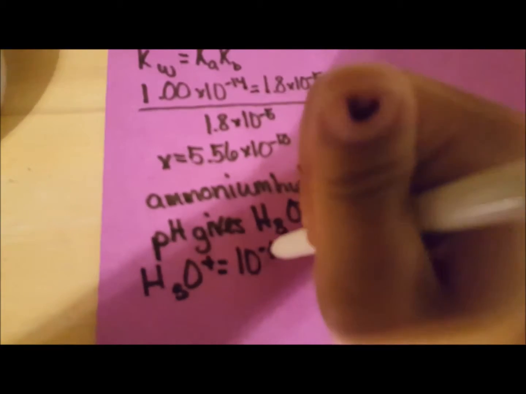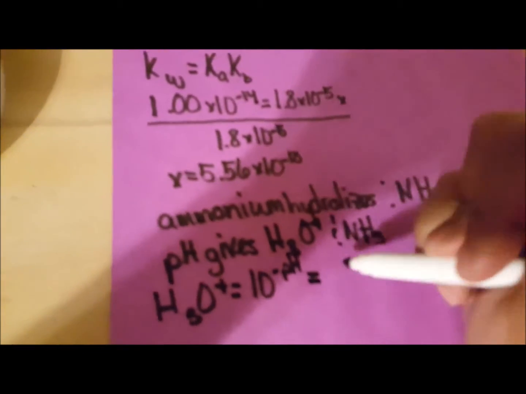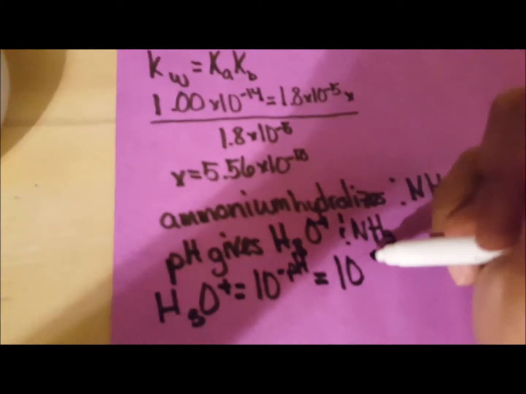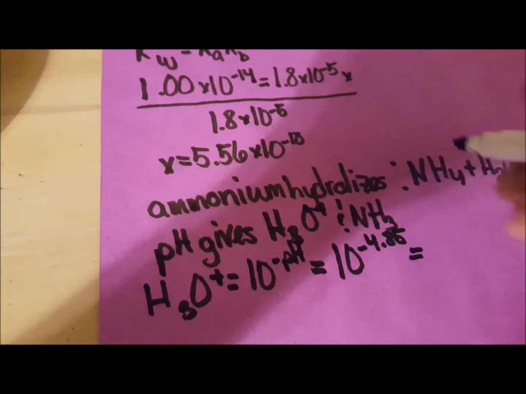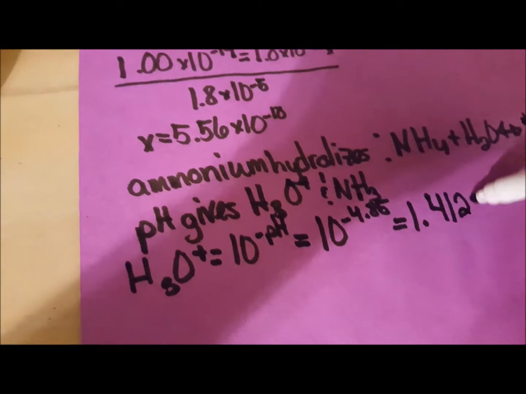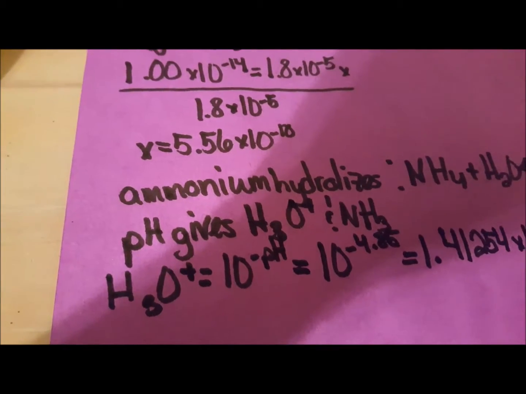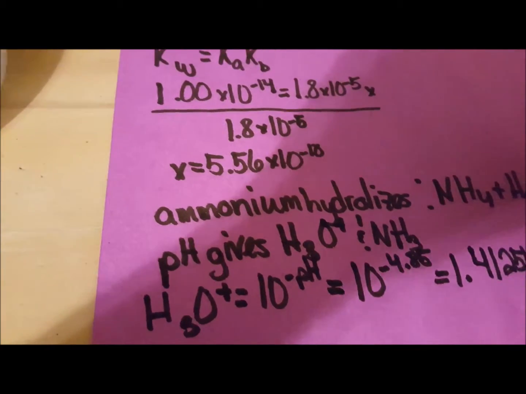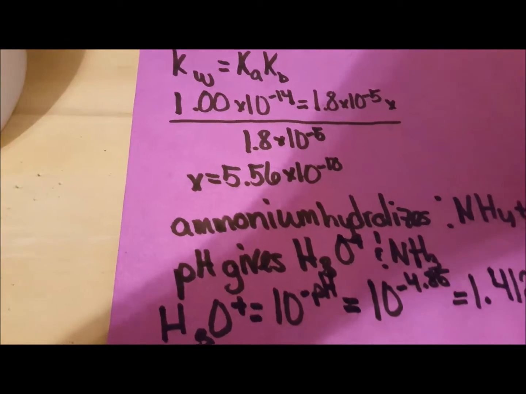Therefore, we know that H3O plus is equal to 10 to the negative pH. So we can go ahead and do 10 to the negative 4.85, and that gives you the answer of 1.41254 times 10 to the negative fifth.